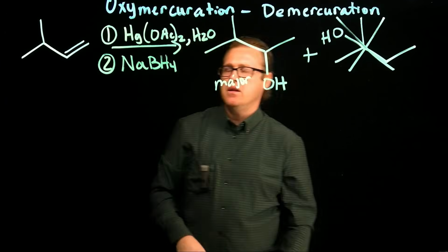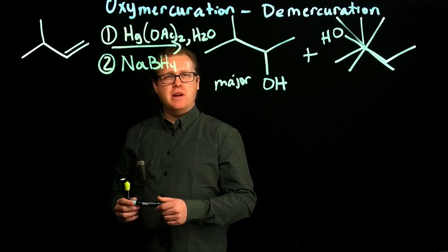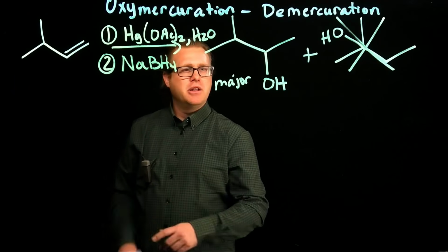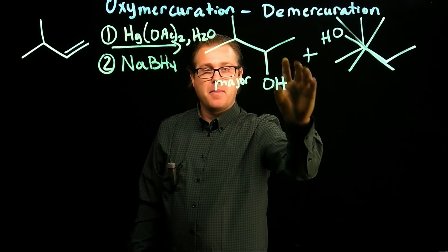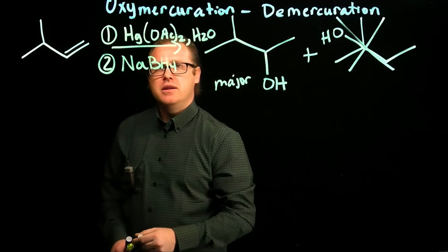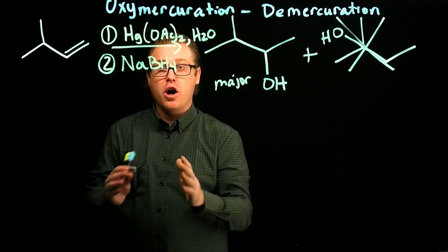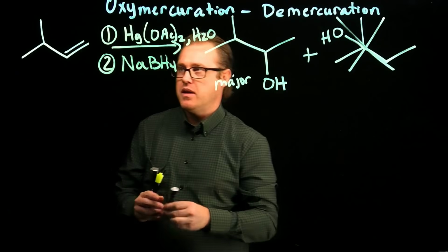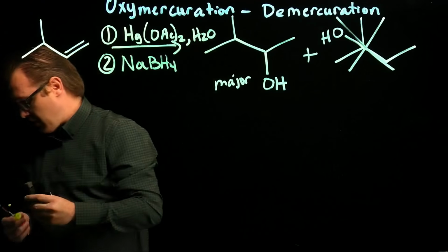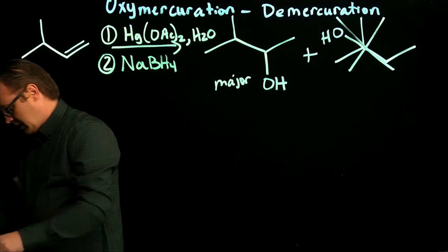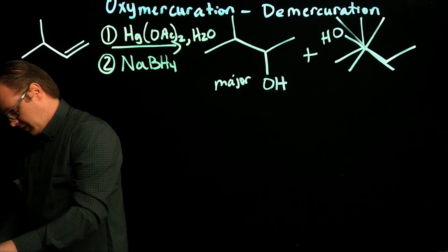Now, stepwise, what's going to happen here when we do this? You can also see that this is the Markovnikov product, right? So that's a good thing. So the key about this reaction right here is there's no carbocation rearrangement. So after you do the first step, this is what you generate right here.